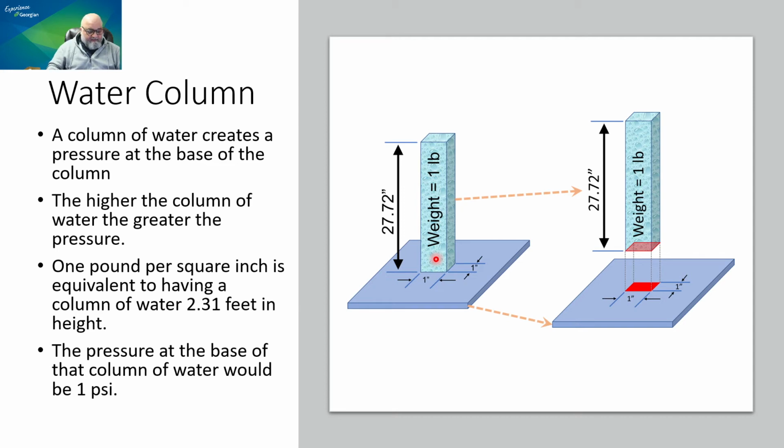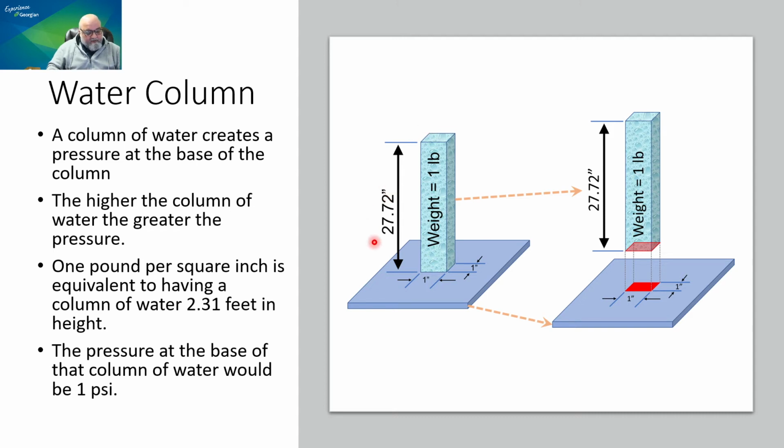So what we did is we took 1 pound of water and made the dimensions exactly so that the footprint is 1 inch by 1 inch. And then we looked at how high or tall that thing is going to extend upwards. Because we know it is 1 pound because of the psi, pounds per square inch.